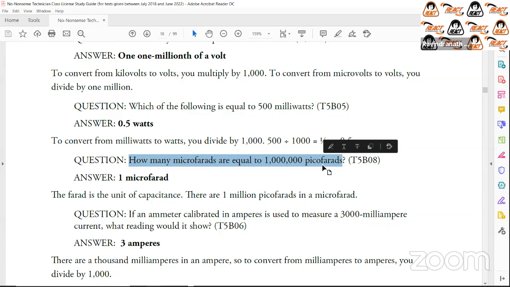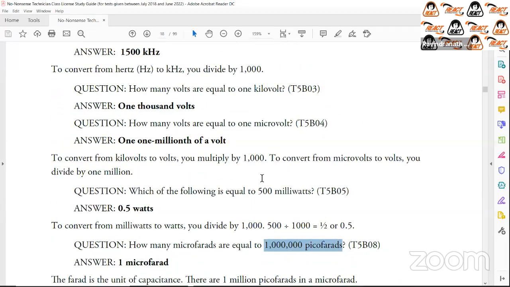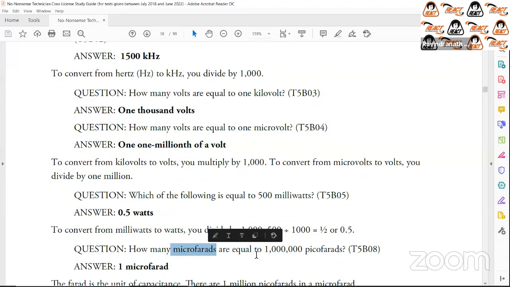Think of meters and kilometers. How many microfarads are equal to 1 million picofarads? So let's look at that in terms of the table that we have here. So we're going from micro to pico, right?